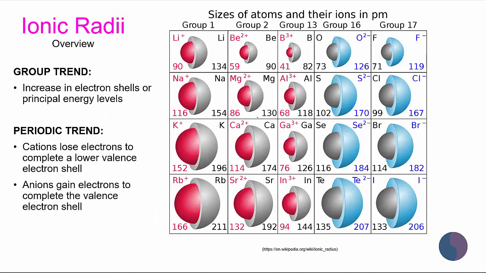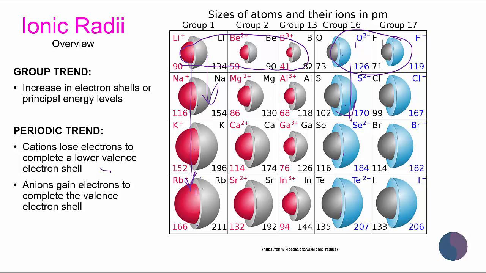So the basic overview is, as you go down, of course, the ionic radii get larger. As you go across, you've got the metals that form cations, and they all decrease because they're in a lower shell. And then with your anions, they all increase because they gain electrons to get a larger shell. As you go down, it doesn't matter if it's anions or cations, because even though these are all lower shells, they are an extra shell, and even though these are full shells, they are still an extra shell as well.